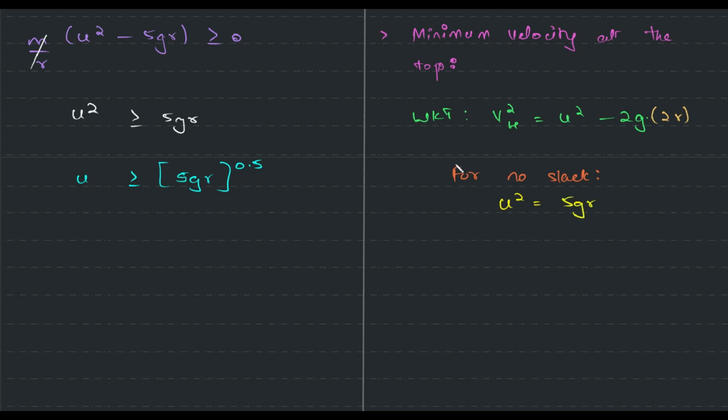Okay, so if we substitute, therefore vh square is equal to 5gr minus 4gr, basically gr. So the velocity at the top will be root of gr.